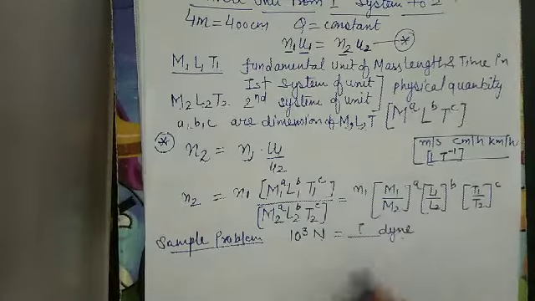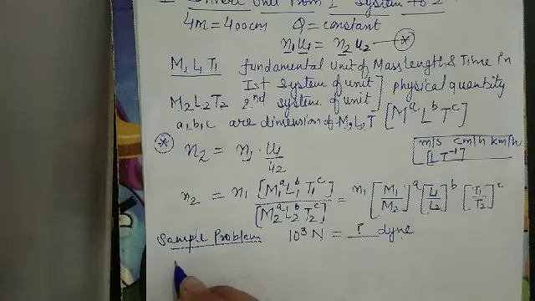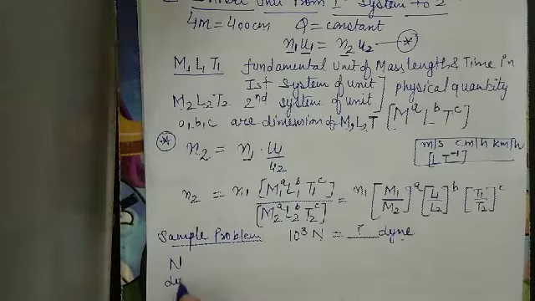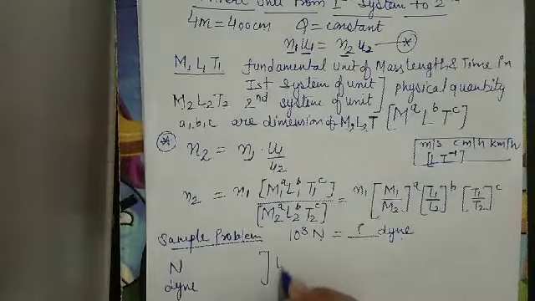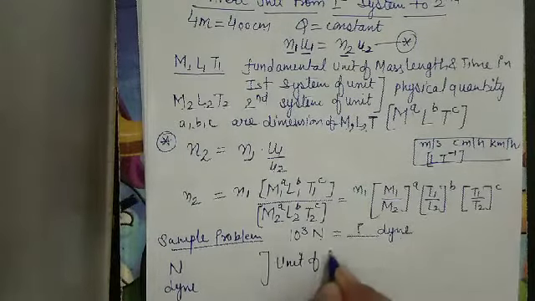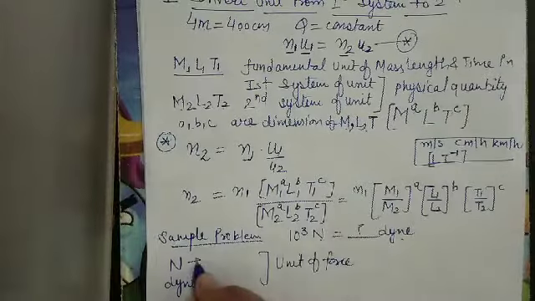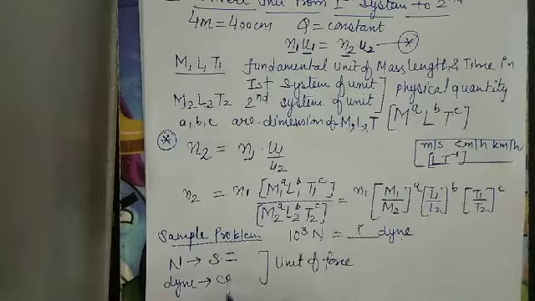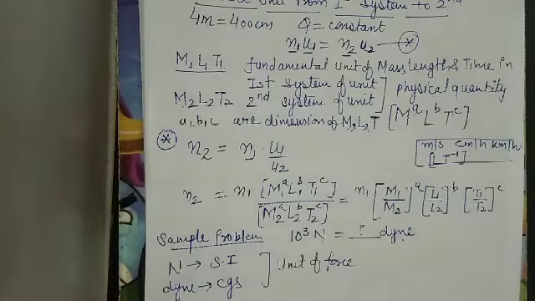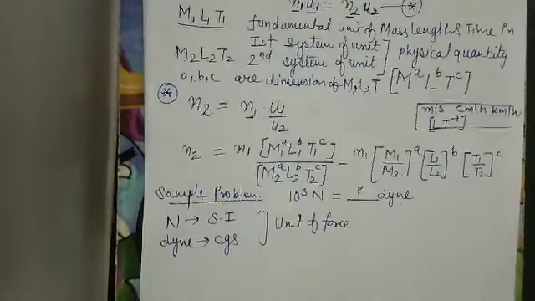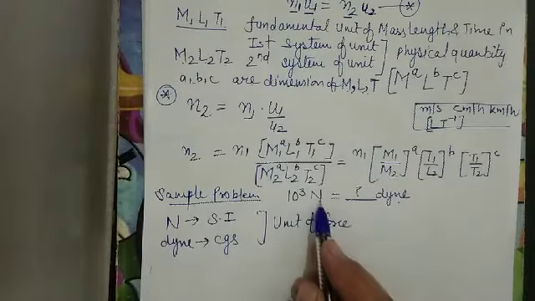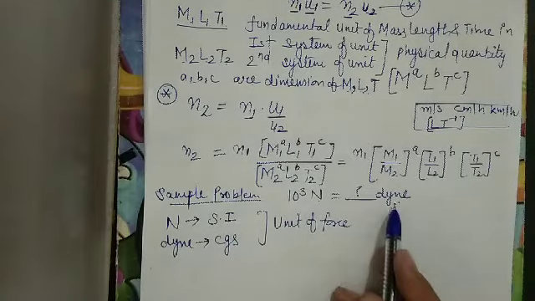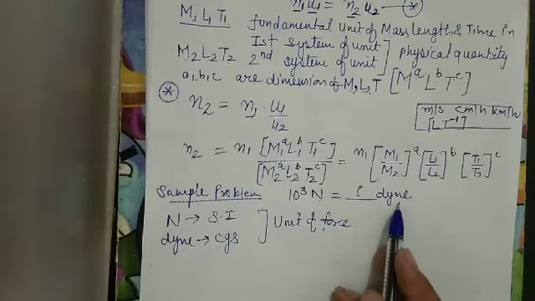Newton and dyne are both units of force, where Newton is the SI unit of force and dyne is the CGS unit of force. So we want to convert 10 raised to power 3 Newton, which is in the SI system, into the new system, that is CGS, in dyne.